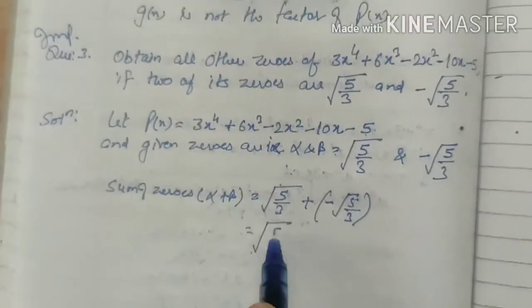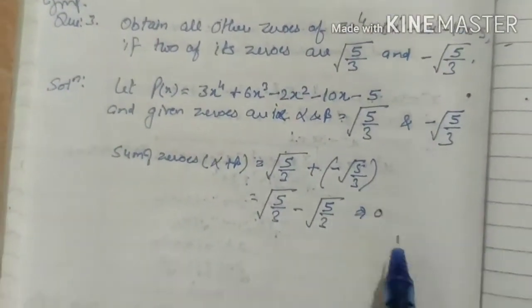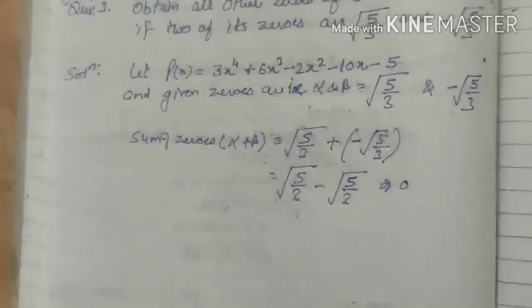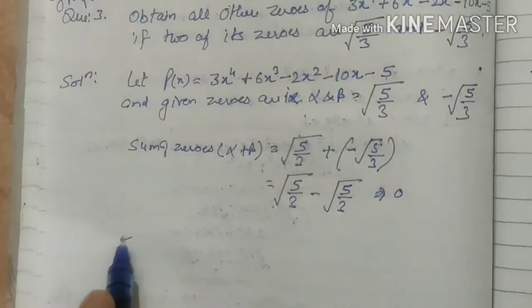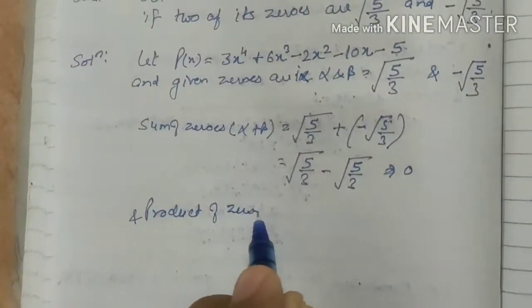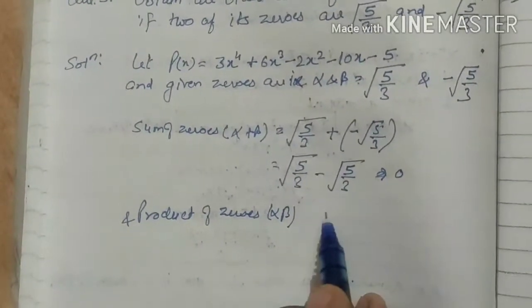So open the bracket first. This will be minus root 5 by 3 and this will be 0. So sum of zeros is 0, and we can say product of zeros is alpha beta.